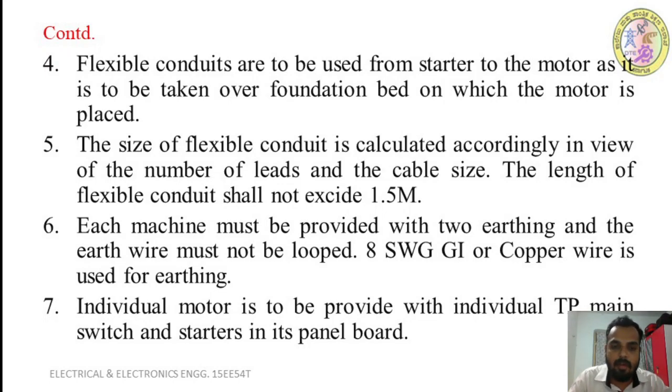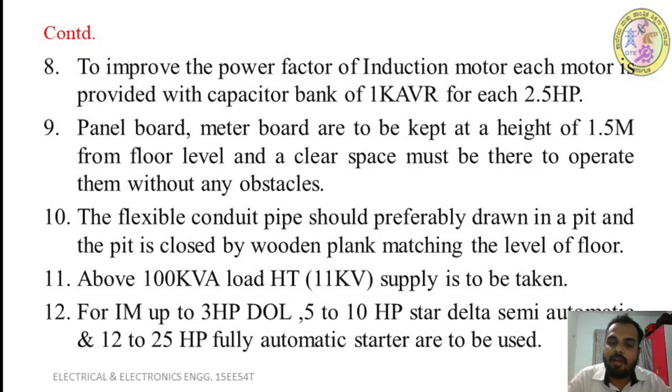So next we have, to improve the power factor of induction motor, each motor is provided with capacitor bank of 1 kVAr for every 2.5 HP. Means induction motor causes low power factor. So to improve the power factor we have to provide the power capacitor bank for individual induction motors.